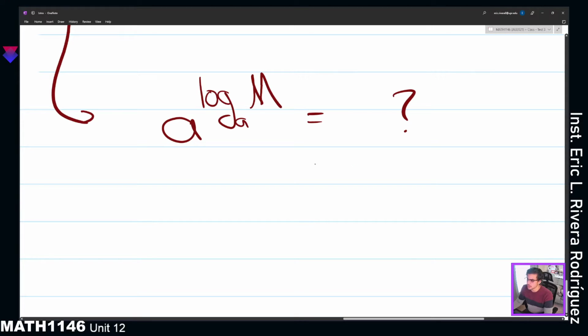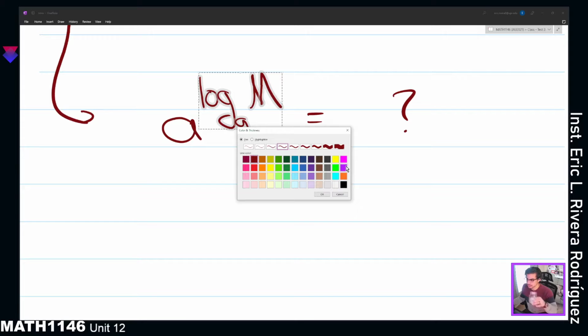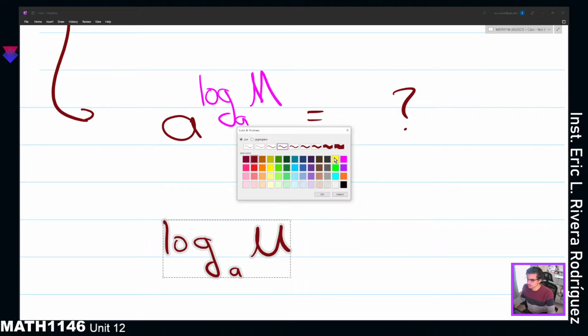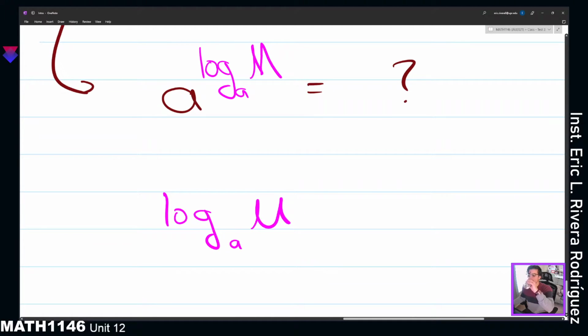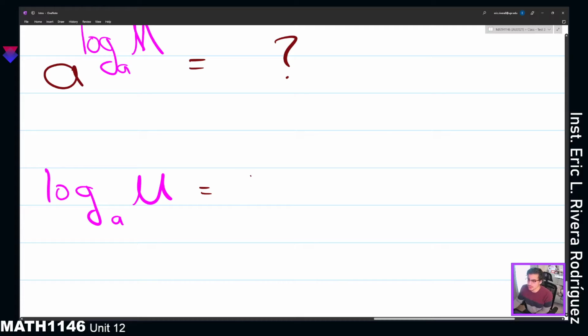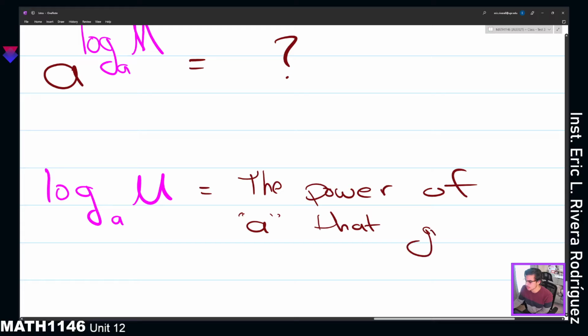So let's focus on the exponent. The exponent says the power of a that gives us m.